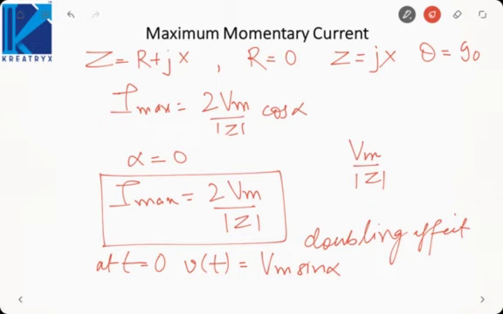If the fault occurs at the voltage 0, then the fault current is maximum, that is 2 Vm by mod Z. Similar concept we study in machines in terms of magnetizing inrush current. If transformer is switched on at voltage 0, then there is a doubling effect. Magnetizing current is most severe. Similarly here, if fault occurs at the voltage 0, then the fault current is most severe, that is twice the steady state current. Okay, it is similar to the concept of magnetizing inrush current.